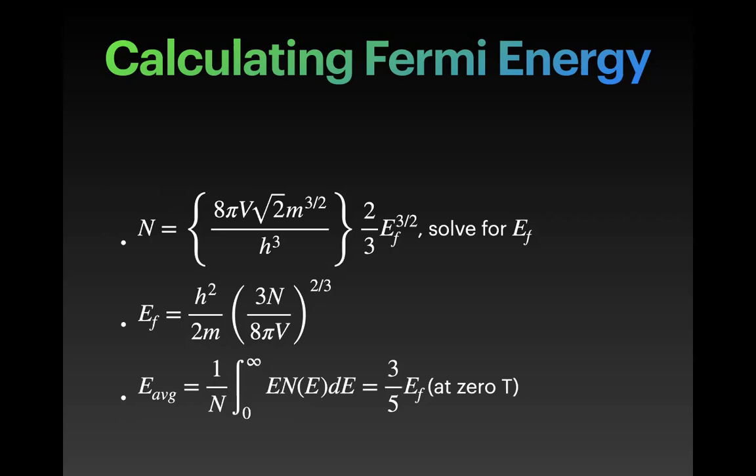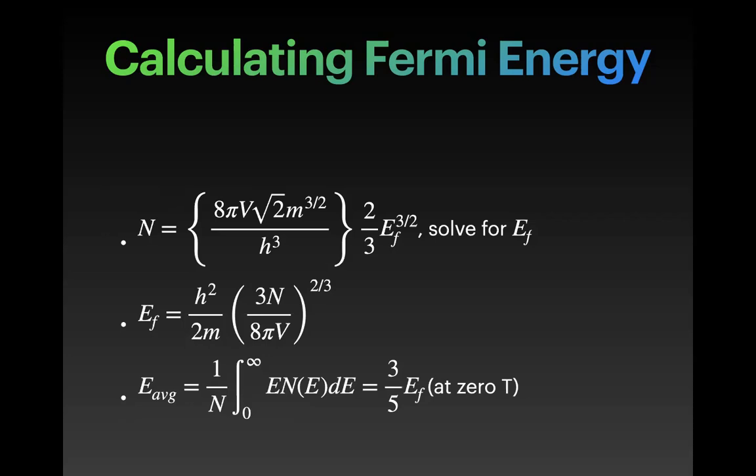Okay, so now that we have that Fermi energy, this was the calculation that you've already done going back to nuclear physics, where we were calculating the separation energy of the neutrons and protons. You had to include the Fermi energy, and we were calculating the depth of the potential well.